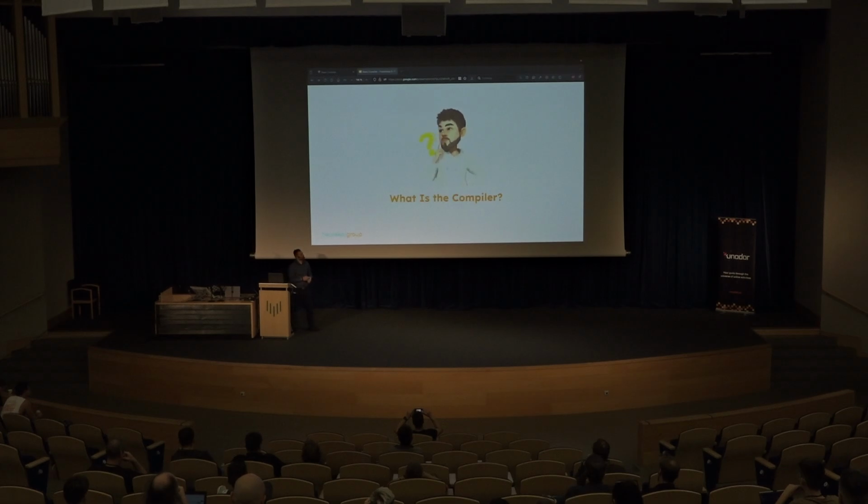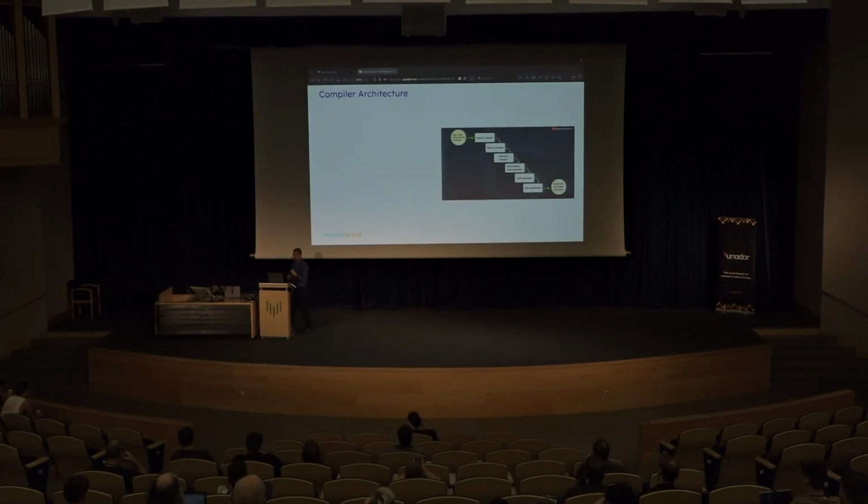So what is the compiler? High level, just high level. There are a few steps. First one is the lexical analyzer. It tokenizes the source code and generates tokens. Then comes the syntax analyzer that creates an AST, abstract syntax tree, to structure the source code tokens logically. It's important.